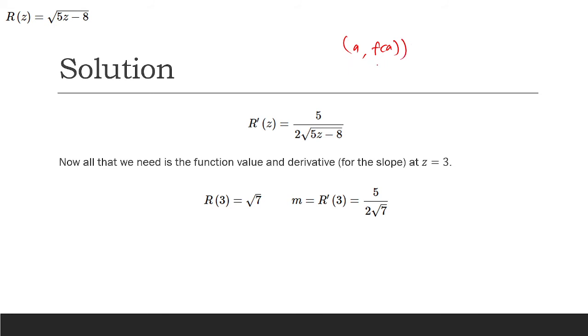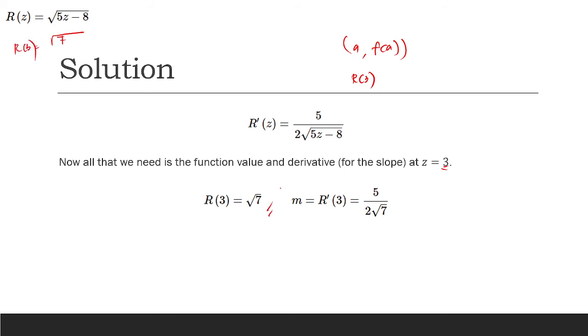And in this case, your f of a is r of 3 because your a is equal to 3. So if you substitute that to this equation, that's 5 times 3, that's 15. 15 minus 8, that's square root of 15 minus 8, that's square root of 7. So that is your r of 3.